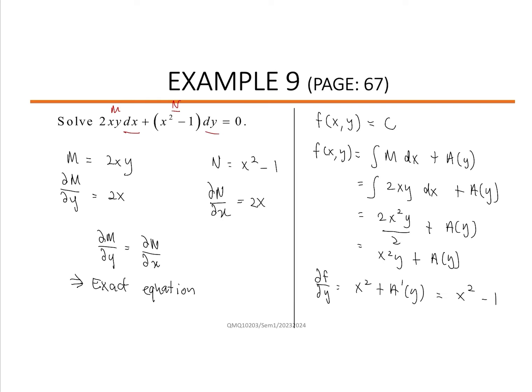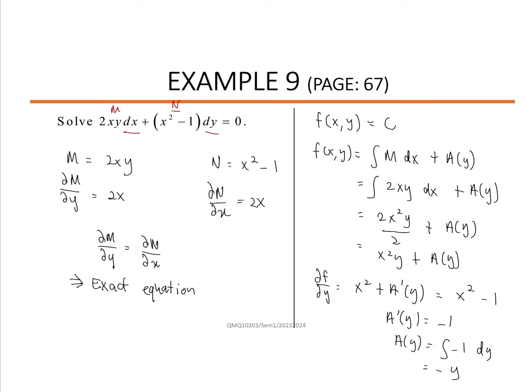Here we have x squared, and there we have x squared, so that means A prime(y) is negative 1. So what is our A(y)? A(y) is the integral of this function with respect to y, so we get negative y.